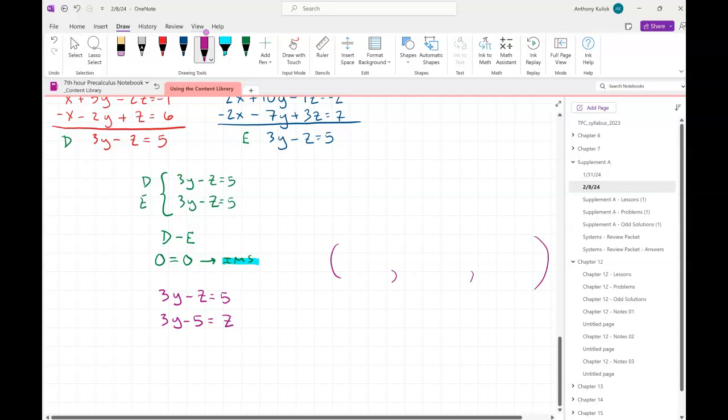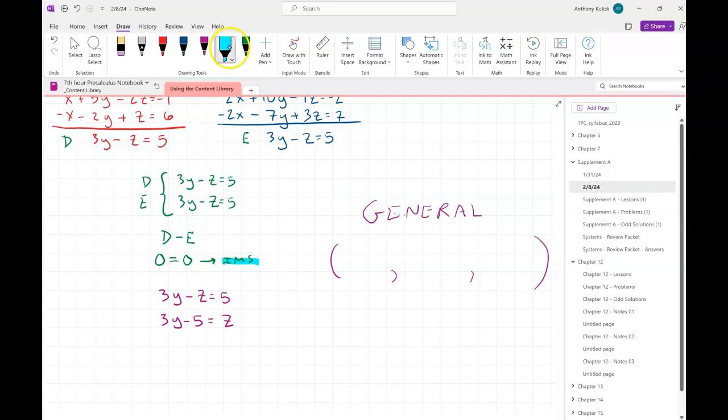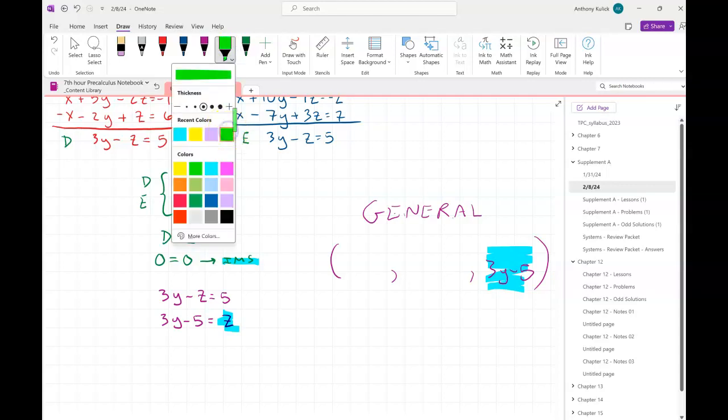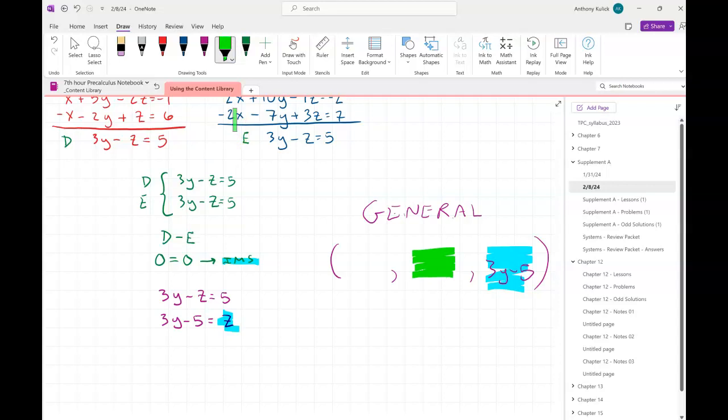So my general answer, the z component, should be 3y minus 5. Because we've written our answer in terms of y, my y component is just going to be y.